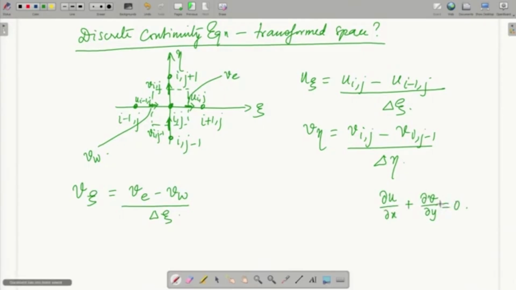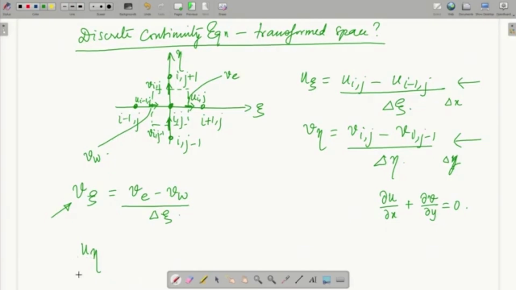If that was the case, you could have actually gone out and done something like this, but only difference was that this would be delta x and this would be delta y on a Cartesian mesh in physical domain. But now that you are in the computational domain, you also need to handle terms like this, V xi or u eta, which were not there in the physical domain.